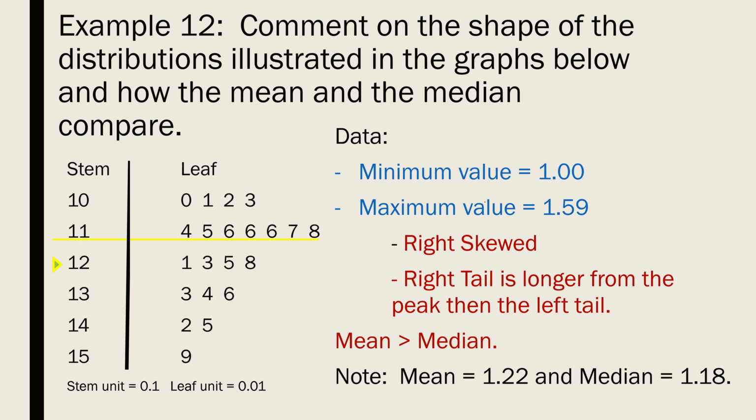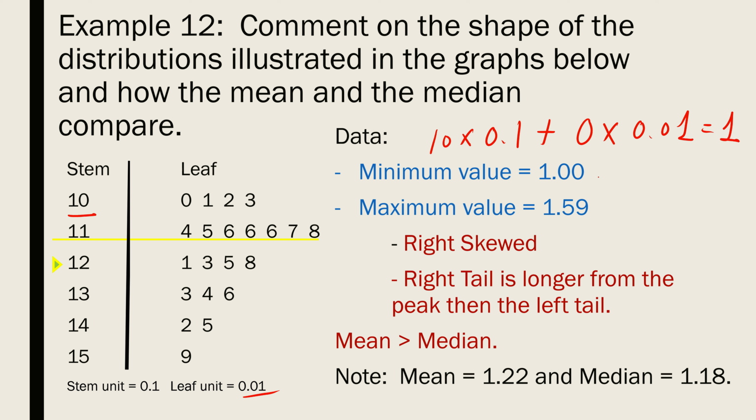In this example, I'll show you how to read a stem and leaf plot. First, I'll show you how to get the minimum value here. As we learned from the last video, we get the number from the stem. The smallest stem number is 10, and we multiply 10 by the stem unit 0.1, and we add the smallest leaf number, which is 0, times the leaf unit 0.01. We still have 1.